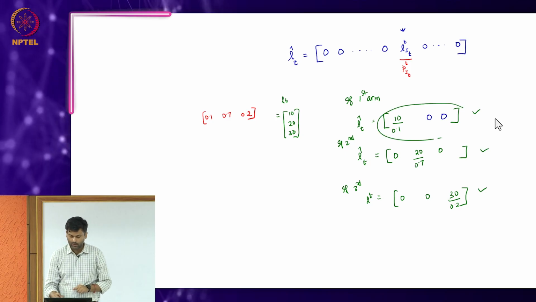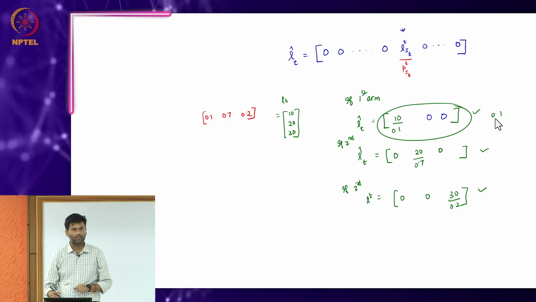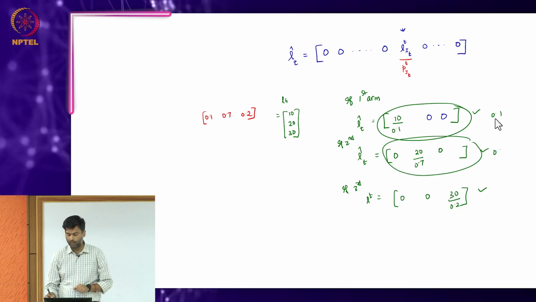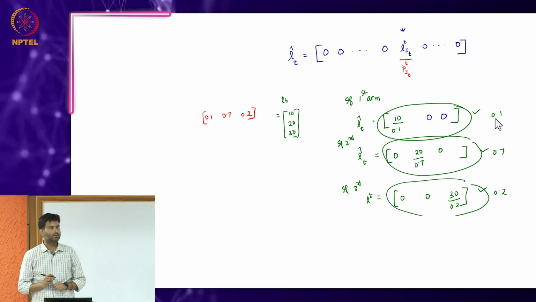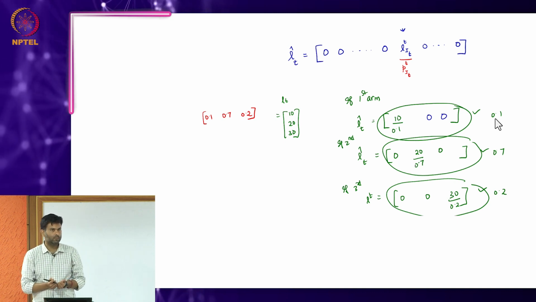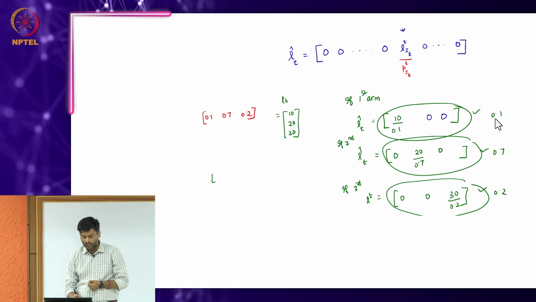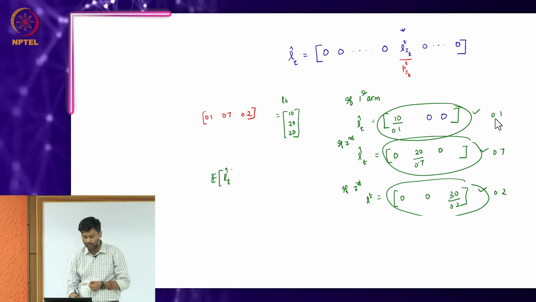This happens with probability 0.1, this with probability 0.7, this with probability 0.2, because that's how I picked the arm. So in expectation, what is L hat t?